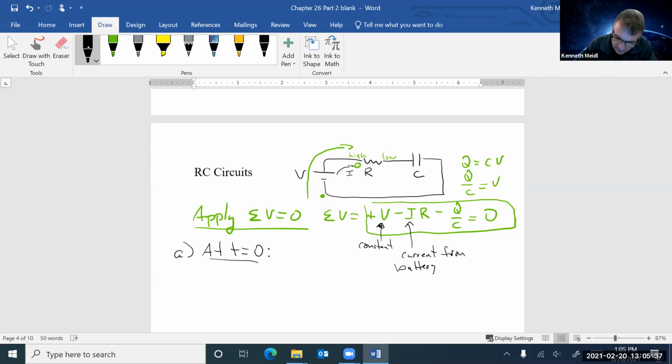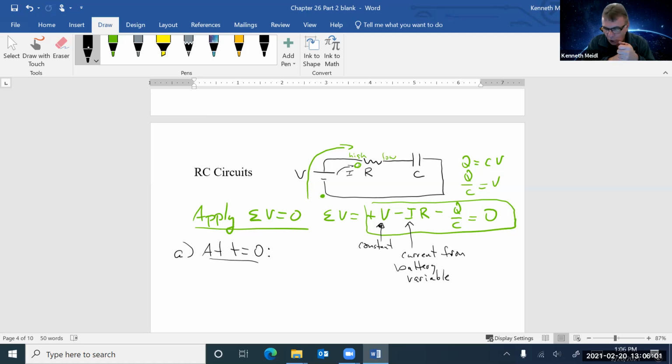And it's variable. When I say variable, it starts off as big as possible. And then it becomes smaller and smaller and smaller. And that's because as charges flow from the battery, they start landing on those capacitor plates.